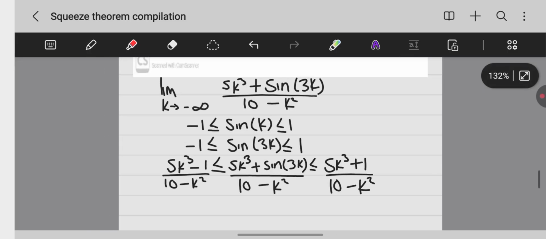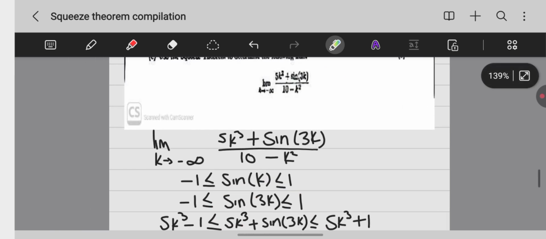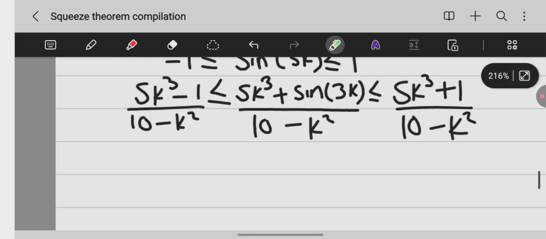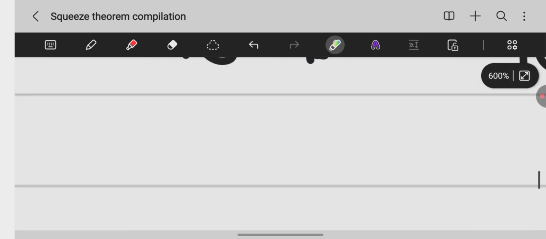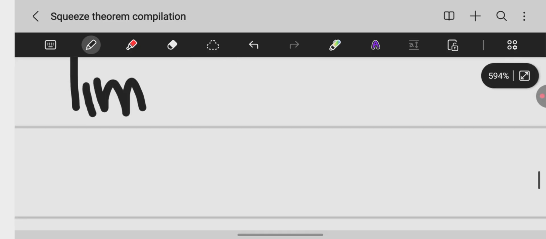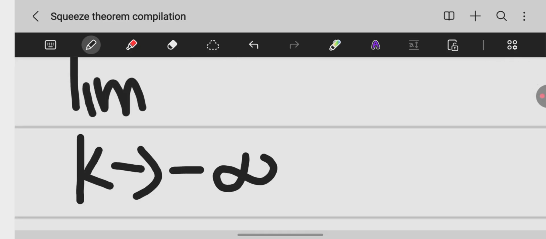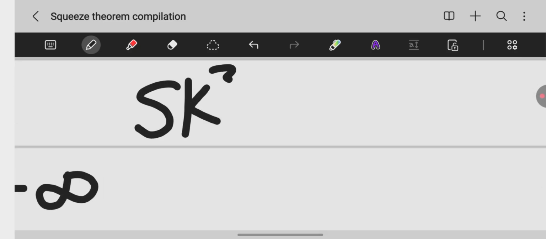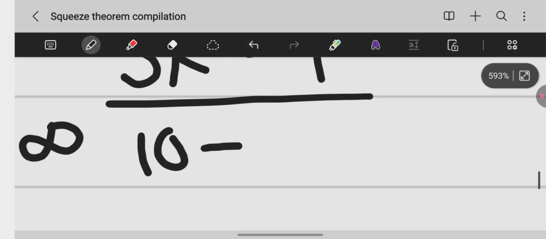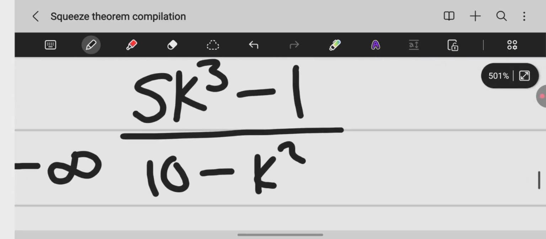And now because this middle part looks exactly like what we have on the question, I think we can now just do the limits. So the limit as k approaches negative infinity of 5k cubed minus 1 over 10 minus k squared. Let me just double check. Yep.